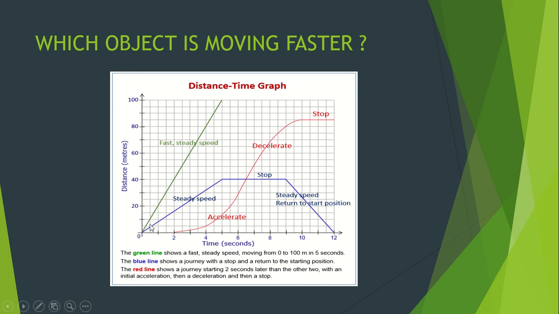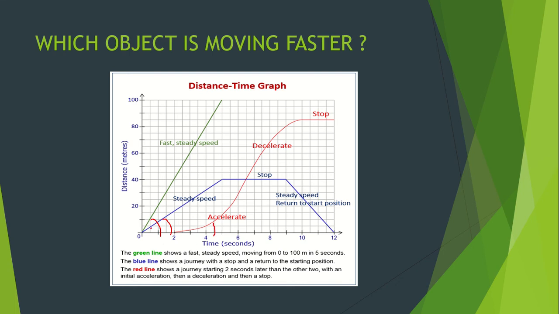You can see the green line, for the first object, is a straight line. If we mark the angle, it is like this. Now the second object is shown by the blue line. You can mark this angle, and the third object is making another angle with the time axis.